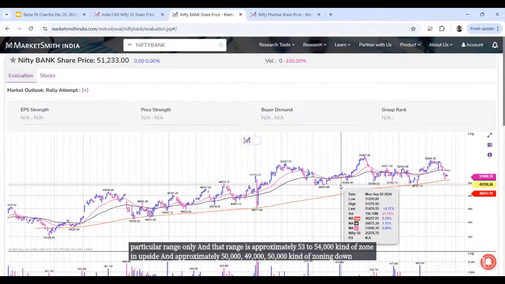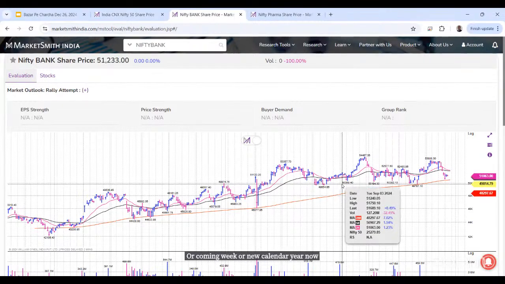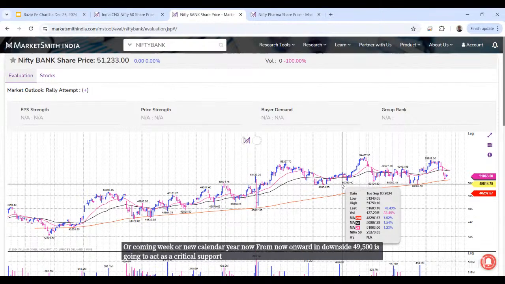So that is why I can say in the coming days, or coming week, or the new calendar year, from now onward, on the downside 49,500 is going to act as a critical support area. The day it breaches 49,500, maybe Bank Nifty will start showing a bloodbath kind of thing.